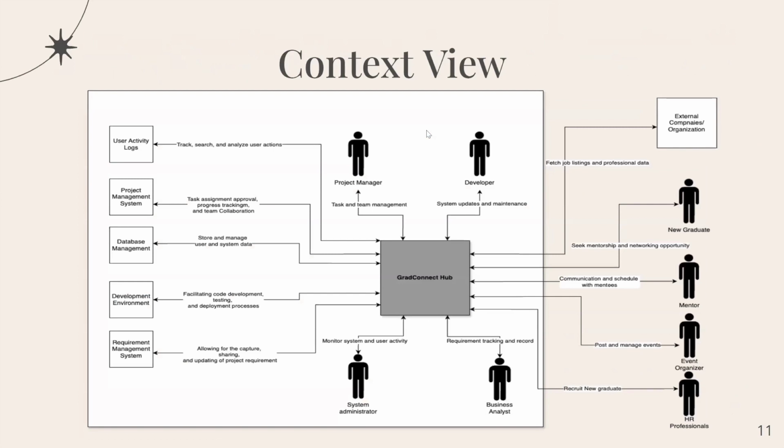In the Grad Connect Hub context view, we have a network of internal systems that interact seamlessly with the platform. Users' actions are logged, tracked, and analyzed, providing critical data for improving user experiences. The project management system is key for task assignments and tracking progress, which is essential for keeping the development on target.